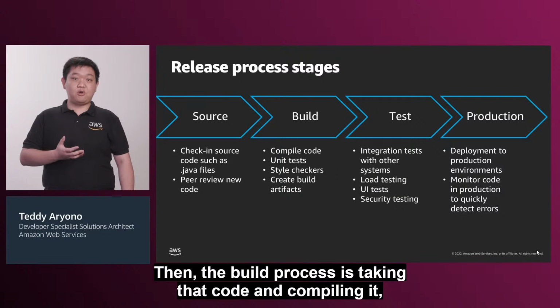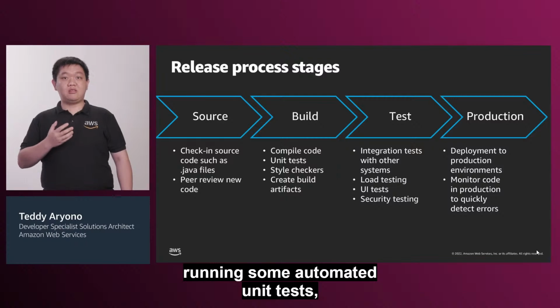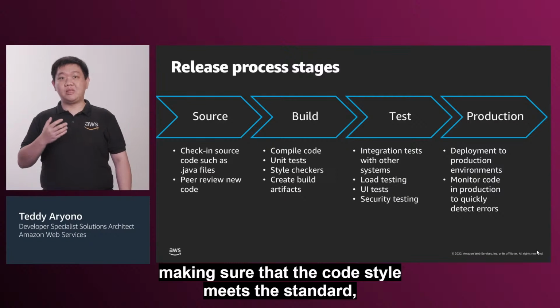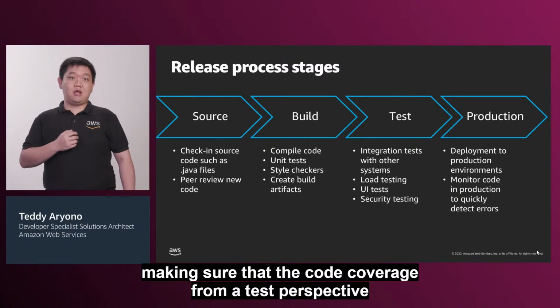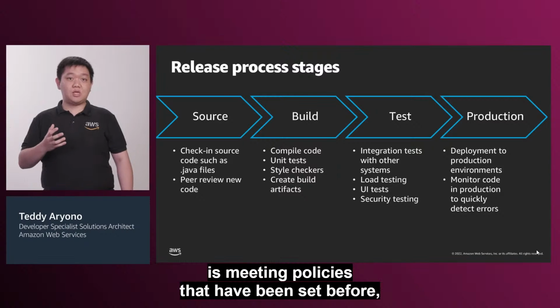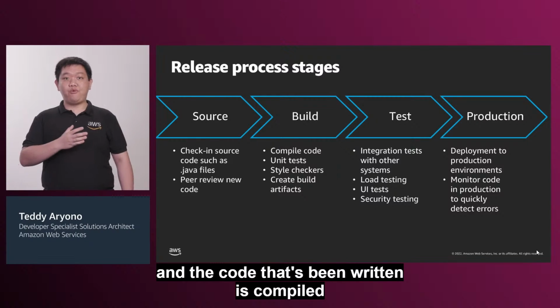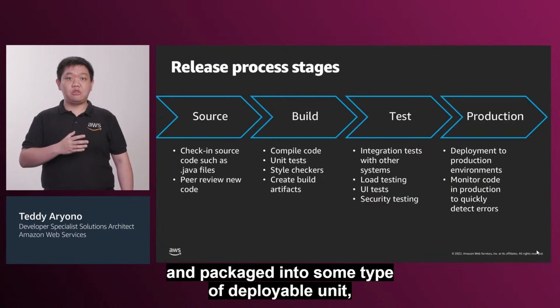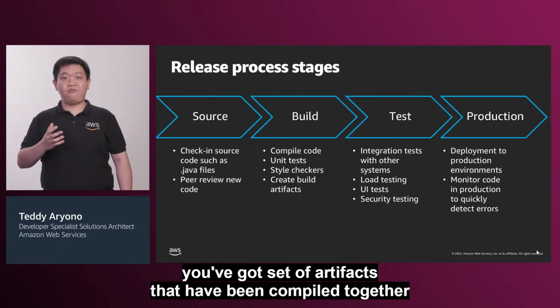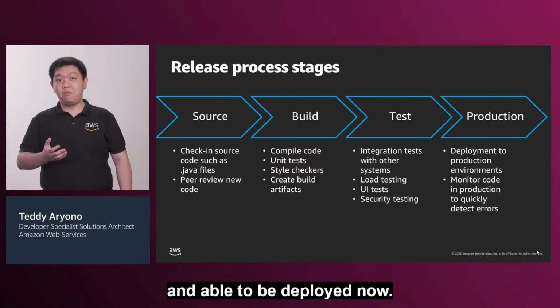Then, the build process takes that code and compiles it, running some automated unit tests, making sure that the code style meets the standard, making sure that the code coverage from a test perspective meets policies that have been set before, and the code that's been written is compiled and packaged into some type of deployable unit. You've got a set of artifacts that have been compiled together and are able to be deployed now.